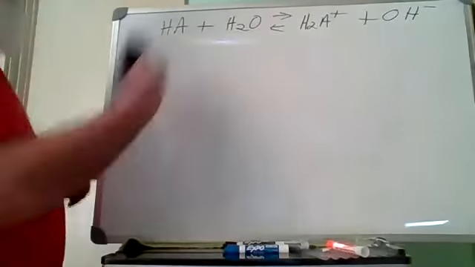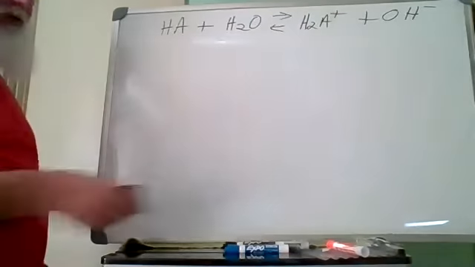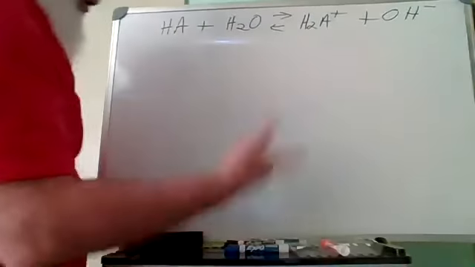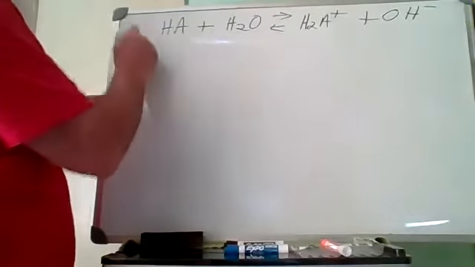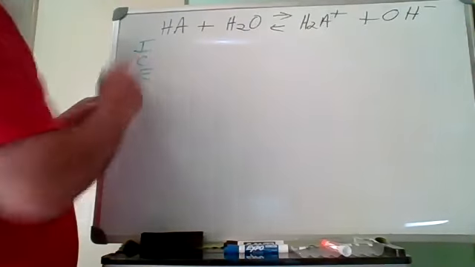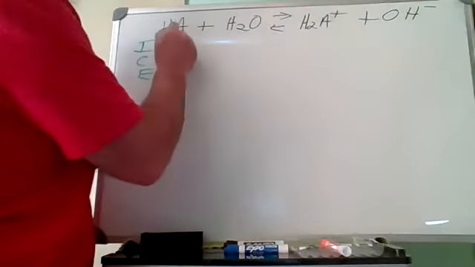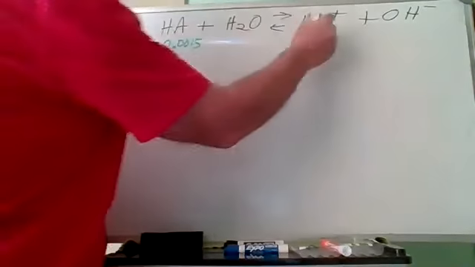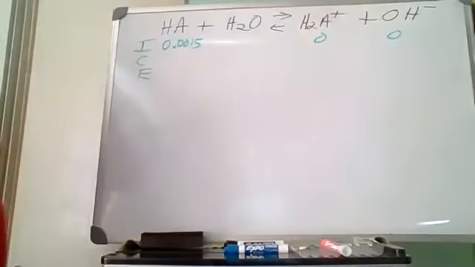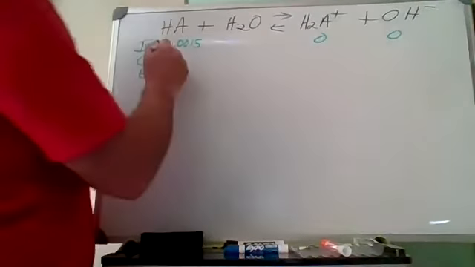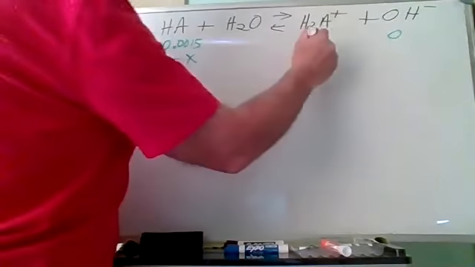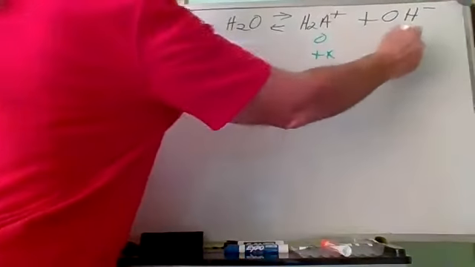So let's set up, we have this equation. Let's set up our ice table. What was the starting concentration? 0.0015. 0, 0. Right? The change is minus x plus x plus x.